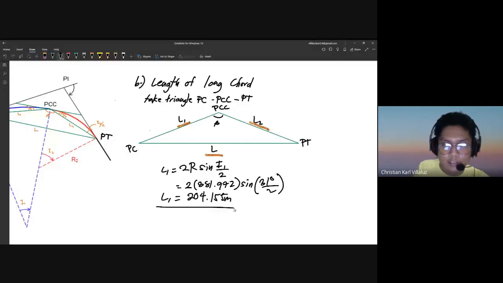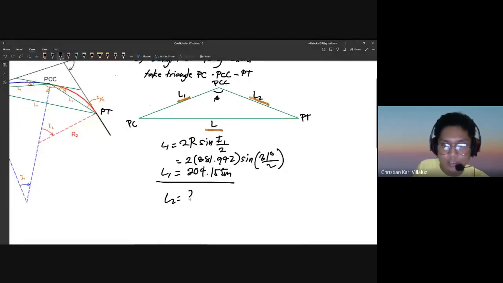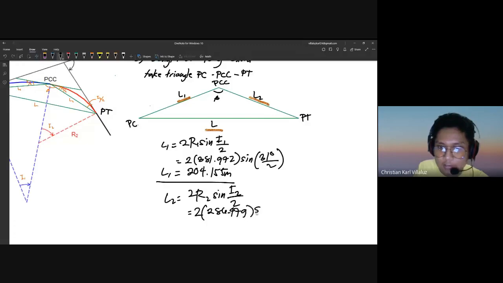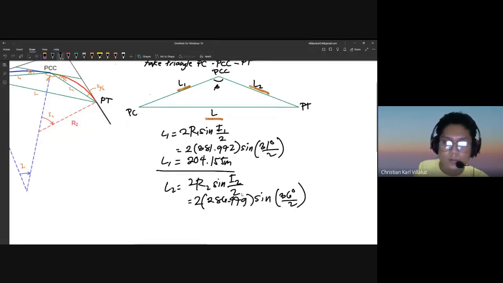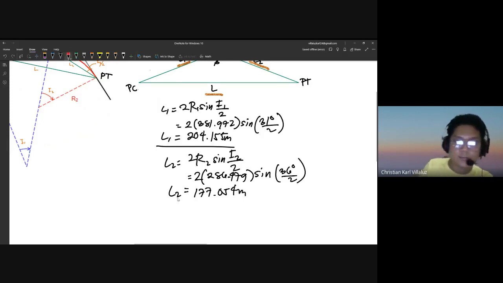The length of the second chord is 2 R2 sine I2 over 2, which is 286.479 sine 36 degrees over 2. So L2 is 177.054 meters.